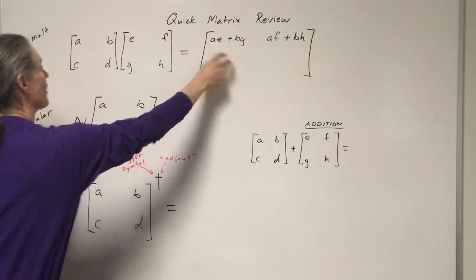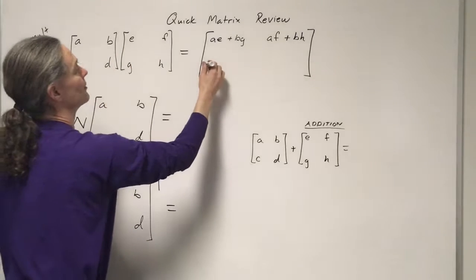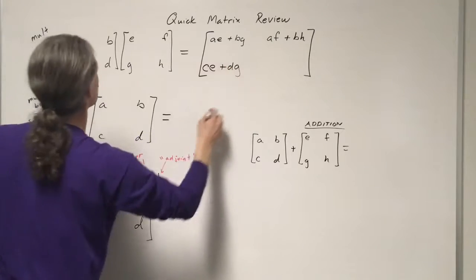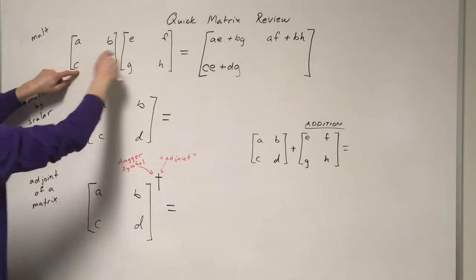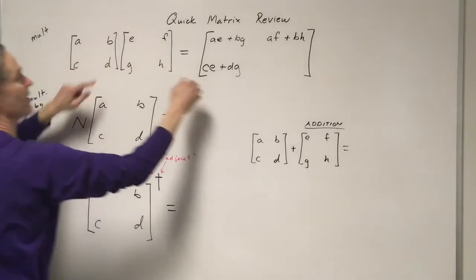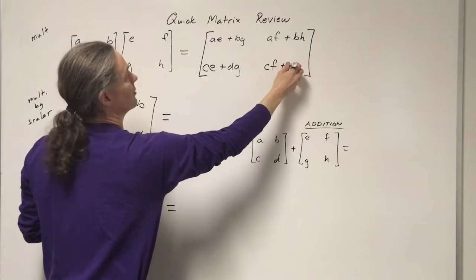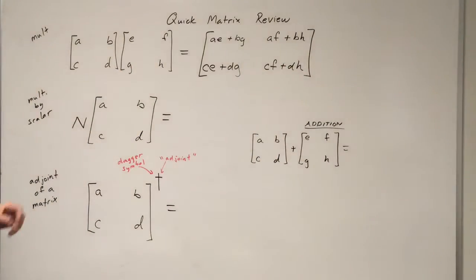This element right here I get from C times E plus D times G. CE plus DG. And finally, this last element here I get from C times F plus D times H. CF plus DH. And that's matrix multiplication.